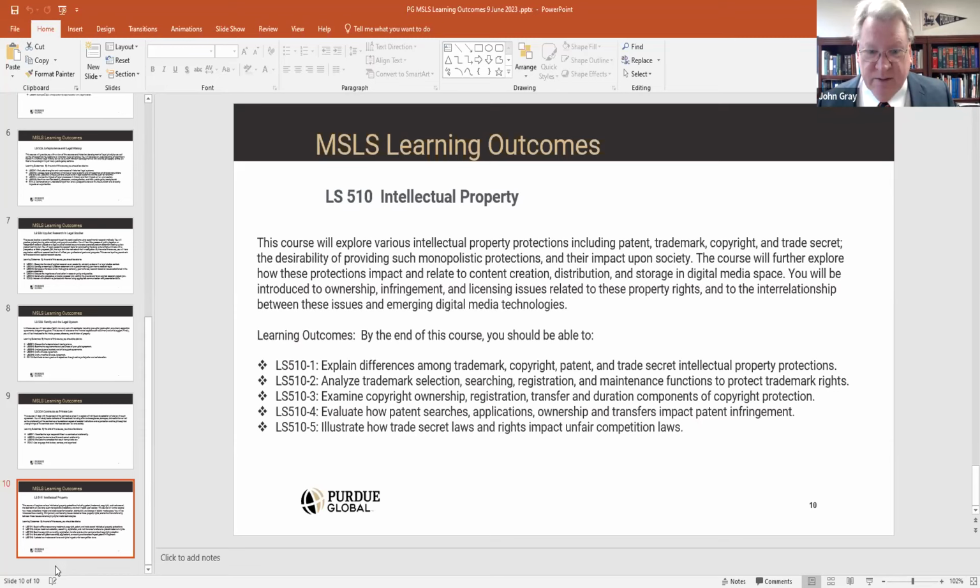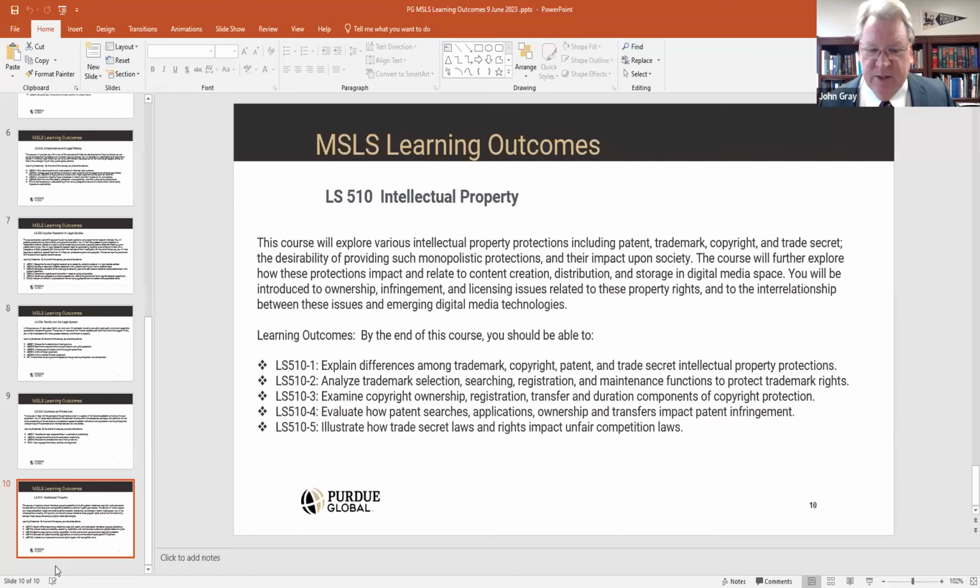You'll look at patent searches, and the U.S. Patent and Trademark Office has a great website that will be used, and we'll show you how to use it. And this also deals with patent applications, ownership, transfers of patent rights, and all sorts of things. We'll also illustrate how trade secret laws and these rights impact unfair competition laws. And so these are just some of the basic areas that we will look at in LS 510, intellectual property.